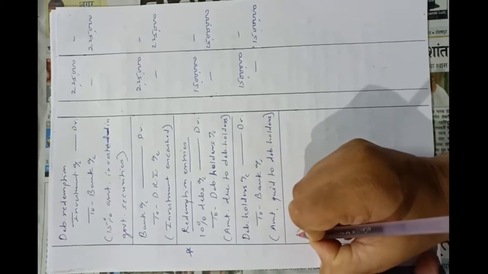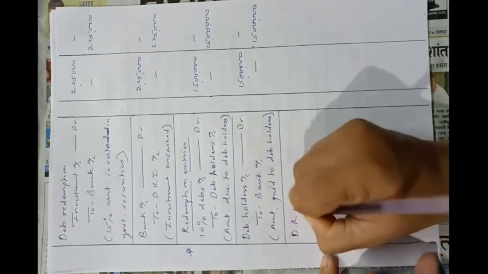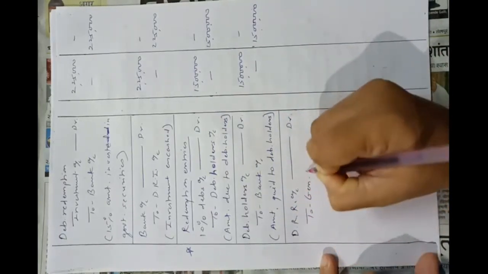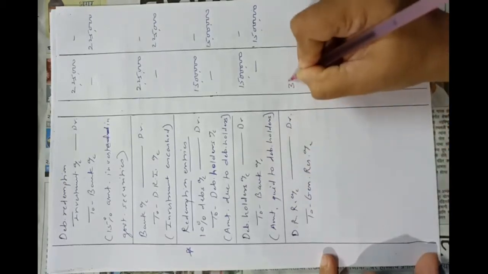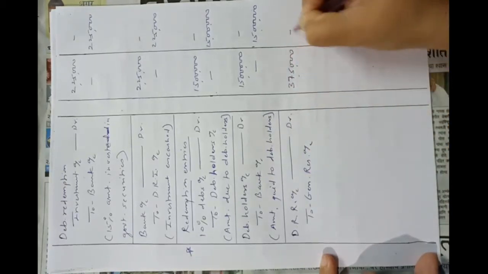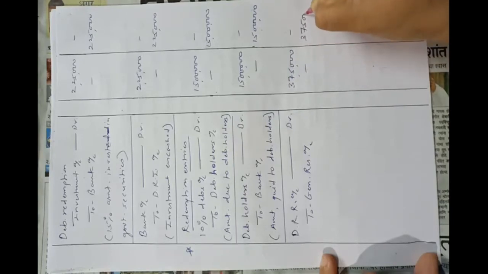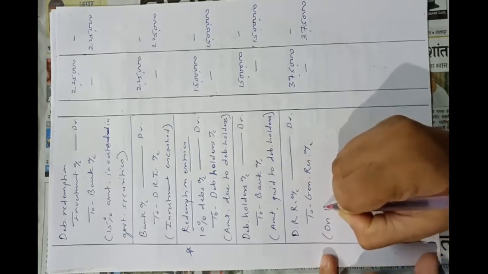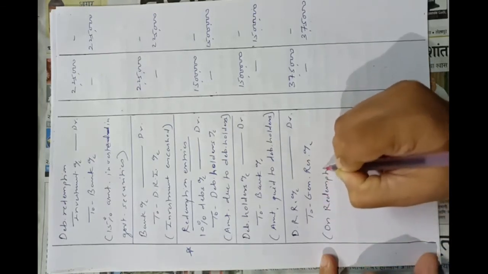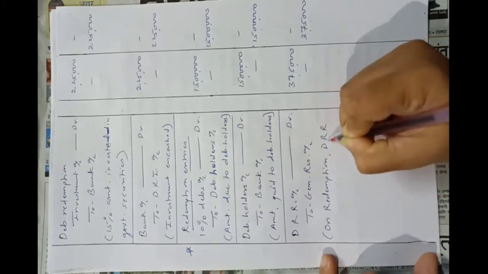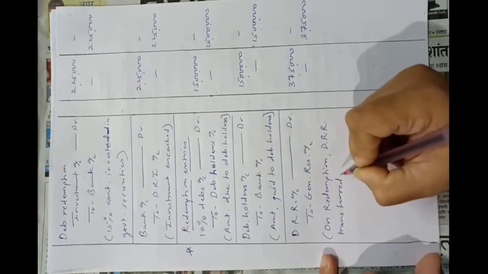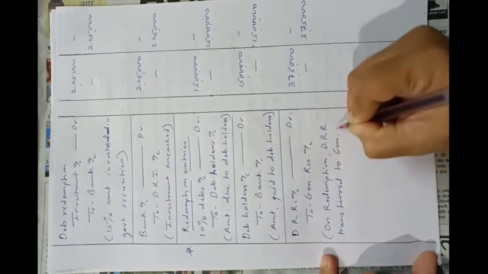So last entry will be DRR account debit to general reserve account. 3,75,000 will be transferred to general reserve. This will be the narration.